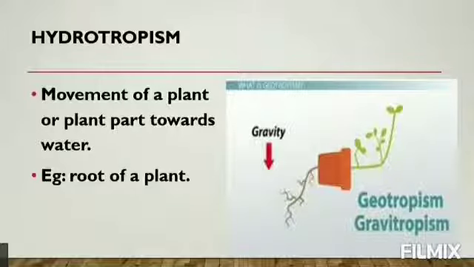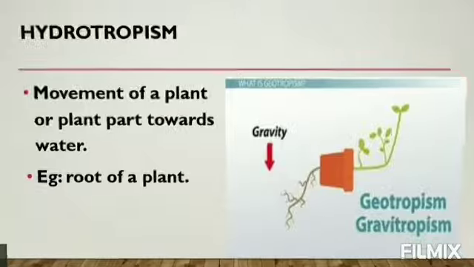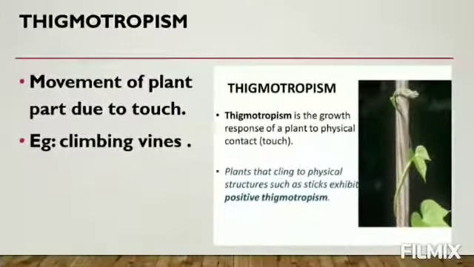Next, we are going to see about Tigmotropism. Tigmo means touch. Movement of a plant part due to touch is called Tigmotropism. Example for this is climbing vines. The plants that climb over a physical support such as sticks exhibit positive Tigmotropism.